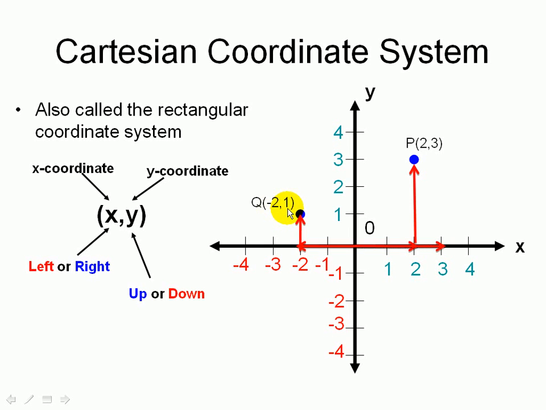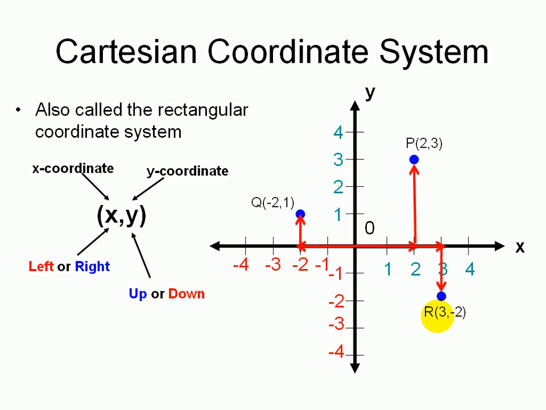Here's another one. We went 3 steps to the right on the x-axis and 2 steps down on the y-axis. So this point R is known as 3 for the x-coordinate and -2 for the y-coordinate. And so that's how we describe points on this Cartesian or rectangular system.